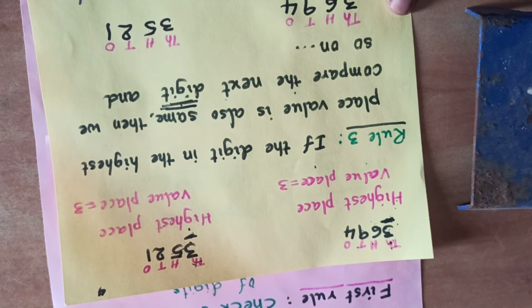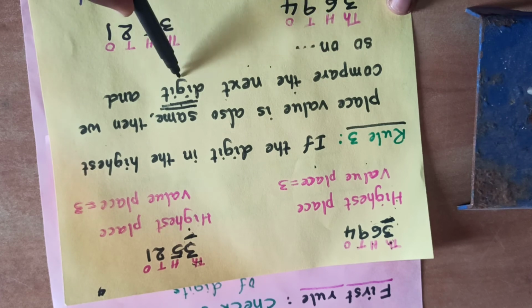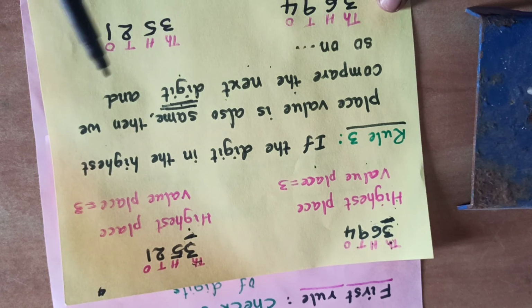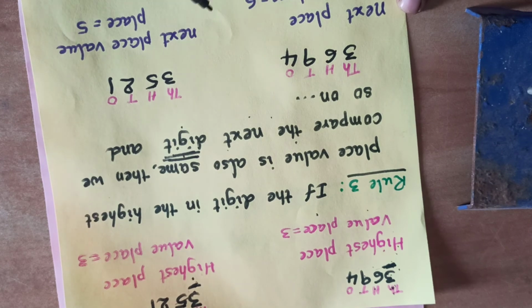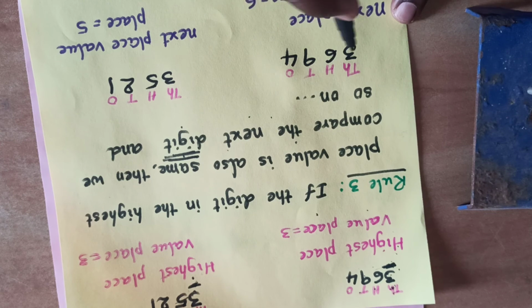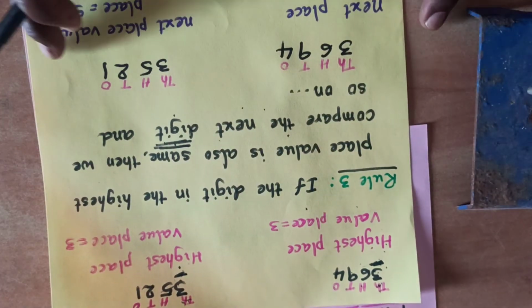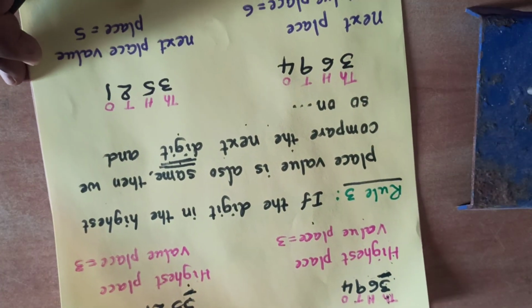Then what do we do? We compare the next digit. We move on to the next place value.